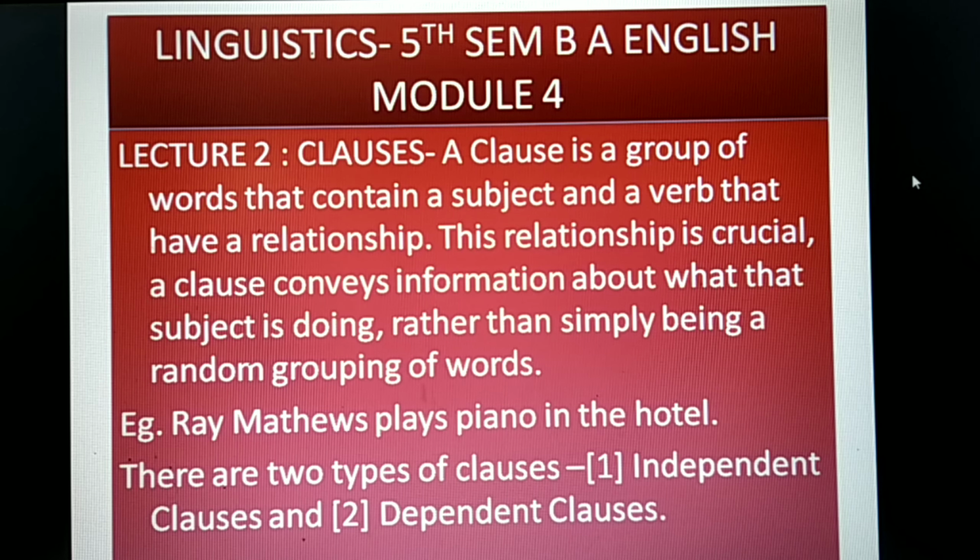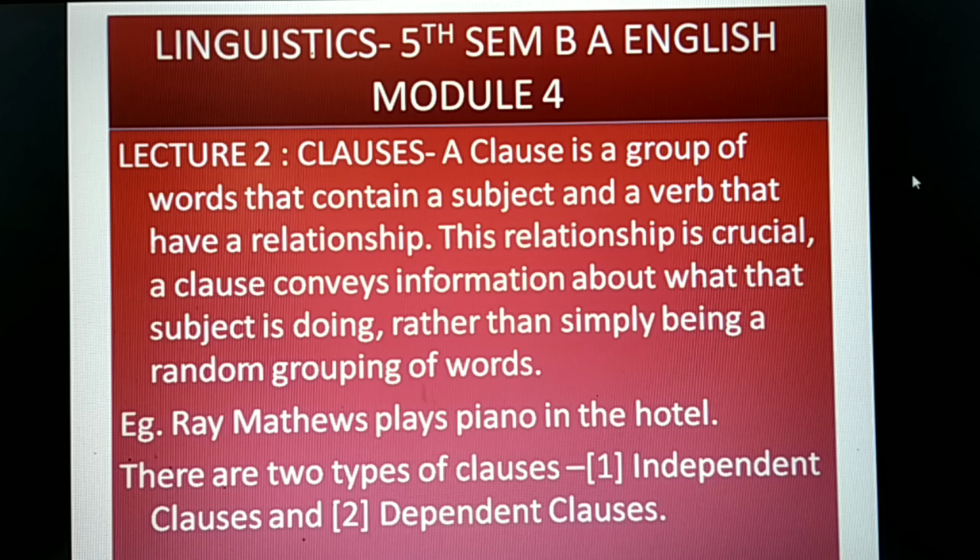And as we discuss the clause, we have to understand the fact that there are 2 types of clauses, the independent clauses and the dependent clauses. And now we have to just discuss in detail what are dependent clauses.